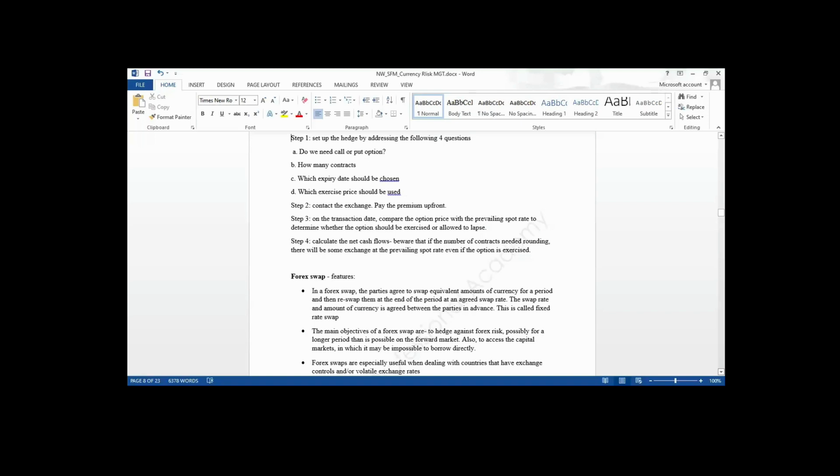The swap rate and the amount of currency are agreed between the parties in advance.